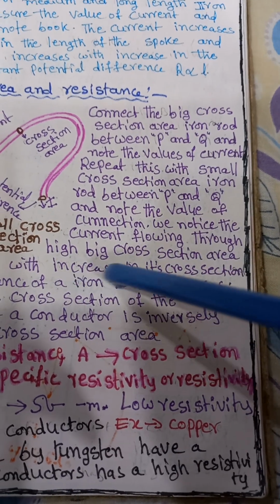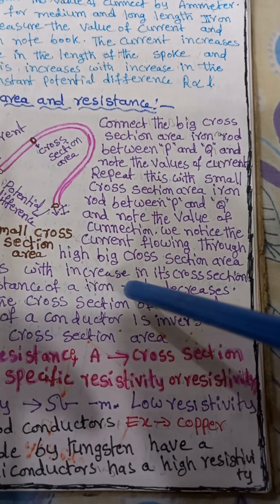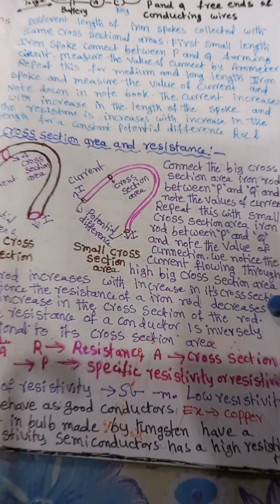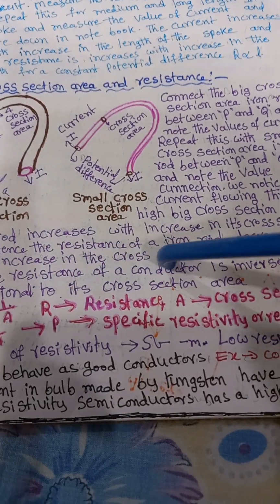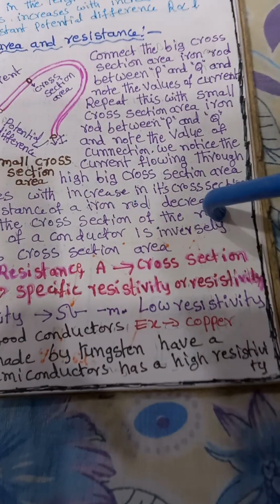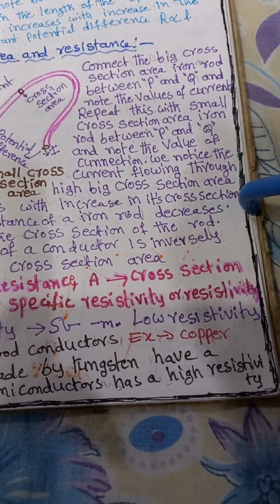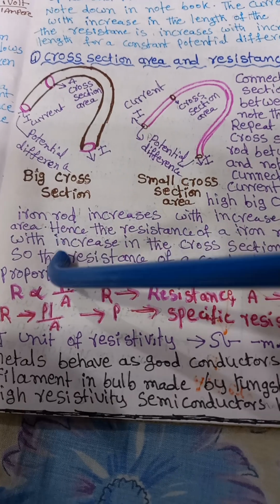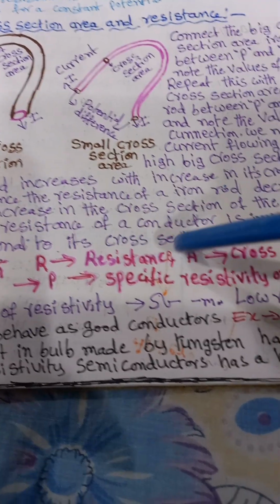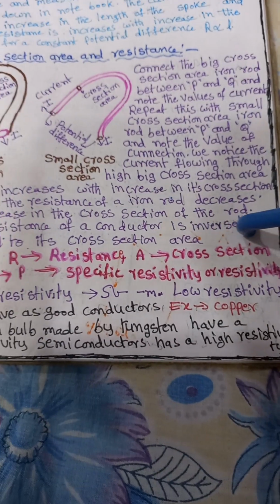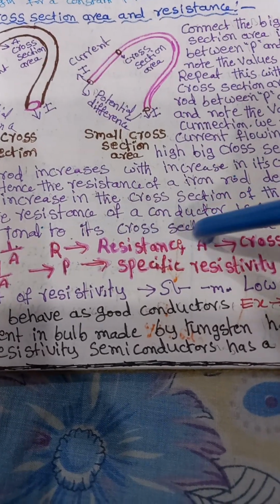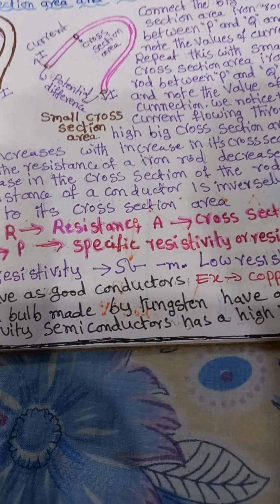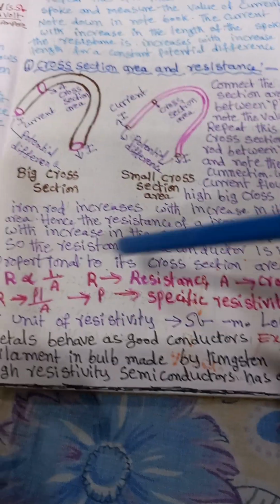We notice the current flowing through the big cross section area iron rod increases with the increase in its cross section area. Hence the resistance of the iron rod decreases with the increase in the cross section area of the iron rod.